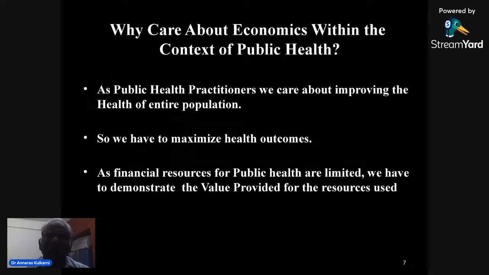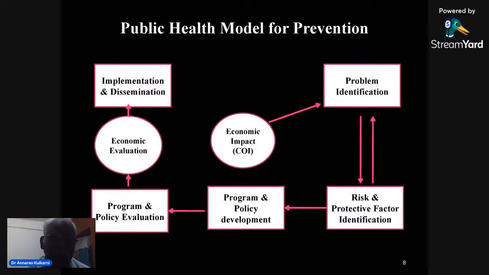Why do we care about the economics within the context of public health? As public health practitioners, we care about improving the health of the entire population. So we have to maximize health outcomes. As financial resources of public health are limited, we have to demonstrate the value provided for the resources that we use. So this is a basic public health model for prevention for any disease.